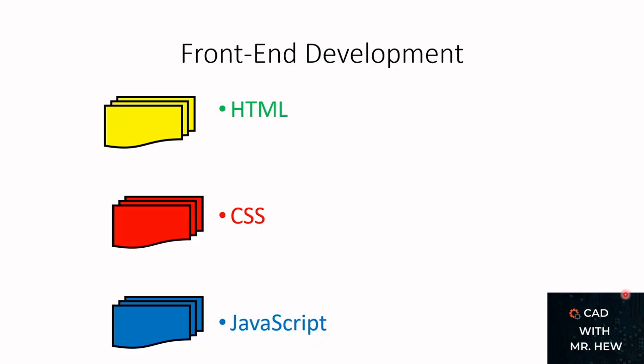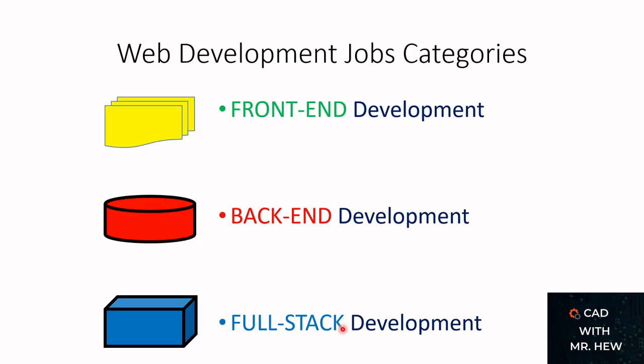Together, both the front end and the back end complete to form an application program interface. Now, here we have the HTML, the CSS, and the JavaScript, and this is for the front end development.